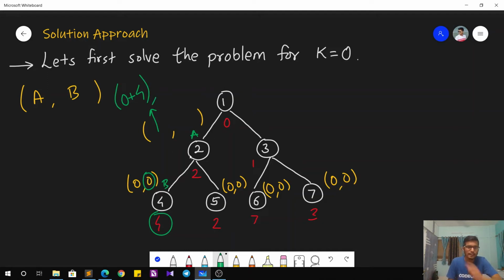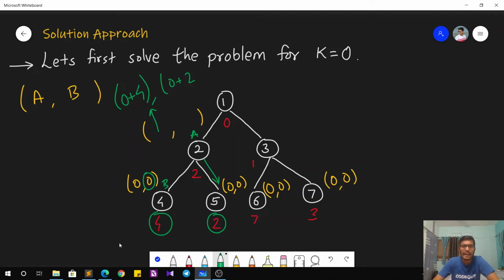Another option is that Alice can choose to go to this child node, that is node number 5. In that case, again you will take Bob's value, that is 0, and the value of the node will get added as per the problem statement. So 2. Which one is favored? Can you tell which one is favored over here?